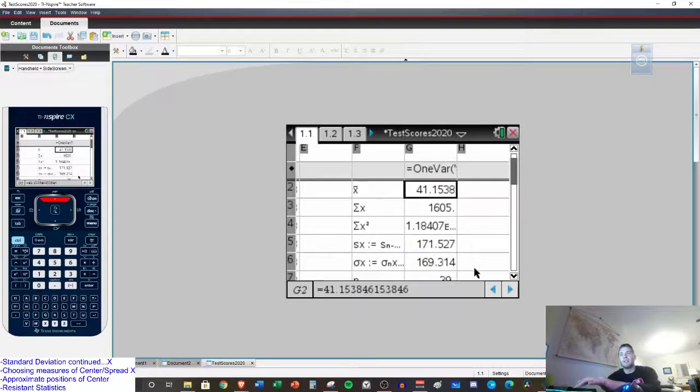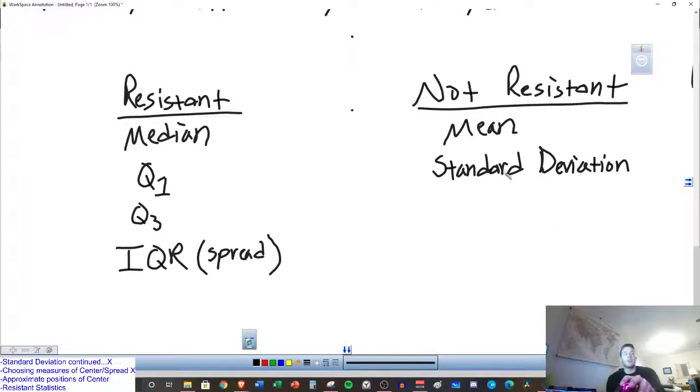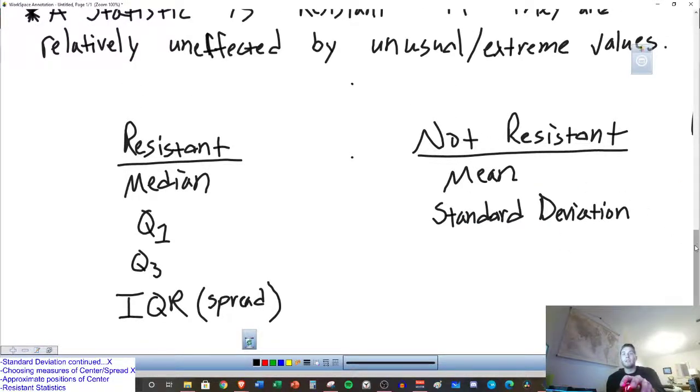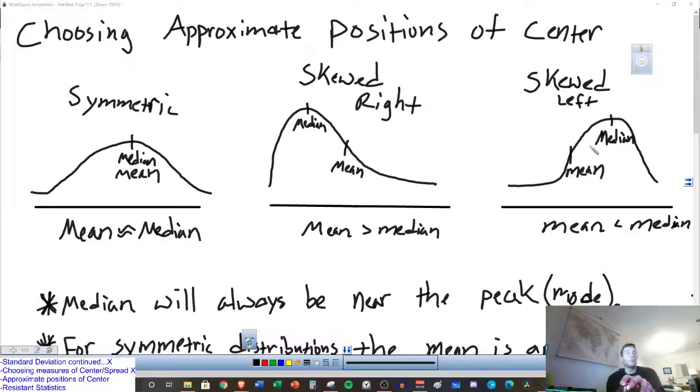And we saw that standard deviation did change, so we put that over here. So for distributions that are skewed, we use IQR to describe spread, but for symmetric, we use standard deviation.